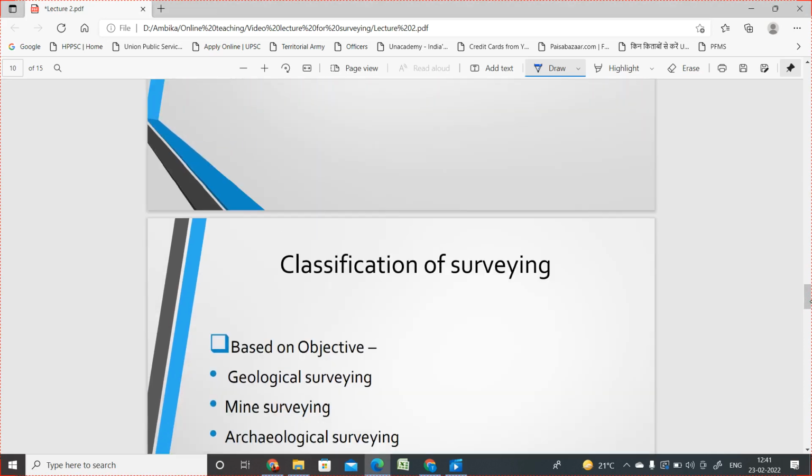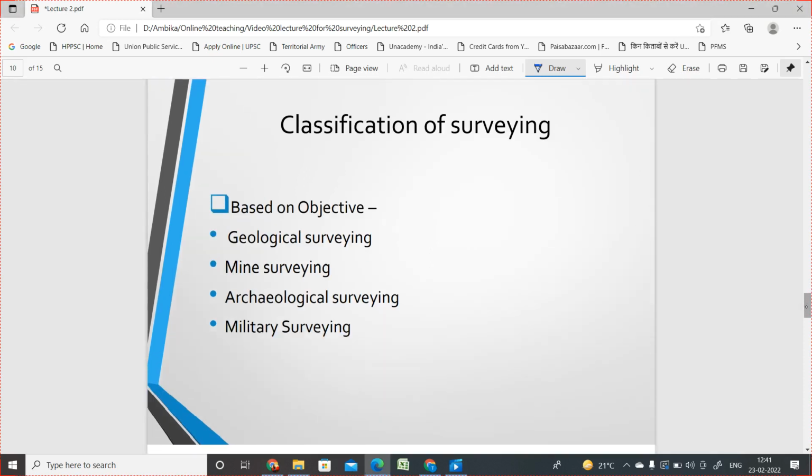Now the next one is classification on the basis of objective, that is, what type of objective we have. The first one is geological survey. When we do any construction, the first thing is we have to identify the soil. So whatever survey is related to soil is called a geological survey.